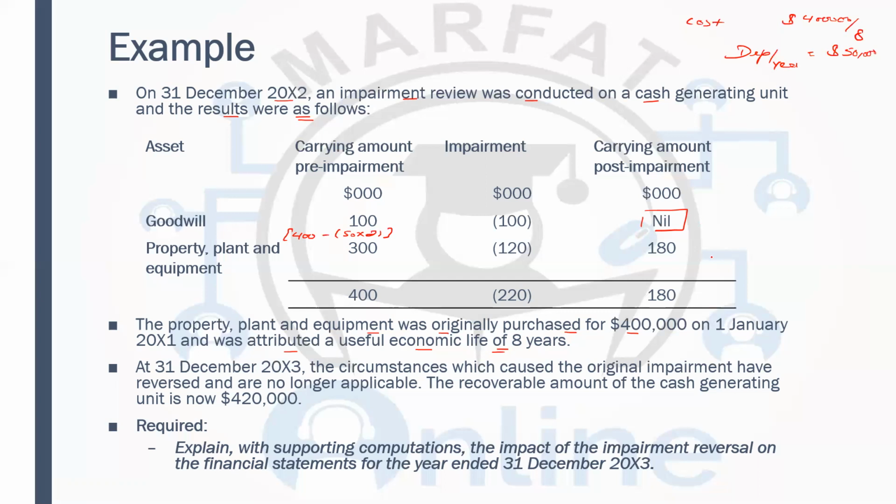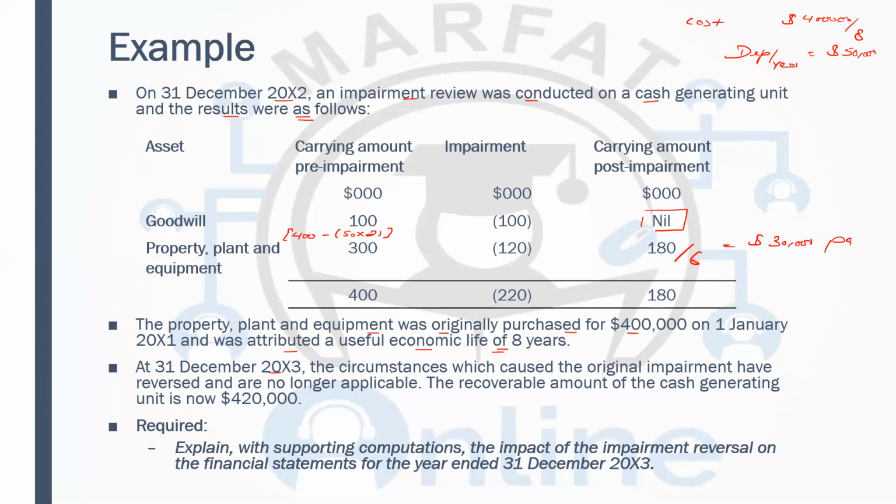So now the asset has been brought down to 180, which is the recoverable amount. After 2 years, how many years are left? Total were 8 years, 6 years are left. So 180 divided by 6, now the depreciation would be 30,000 per annum.